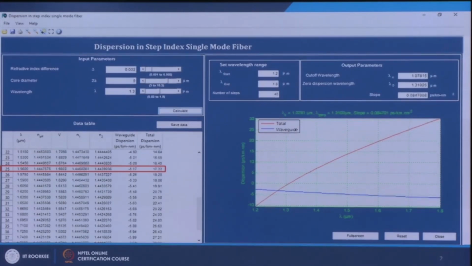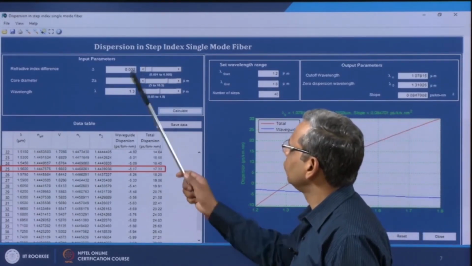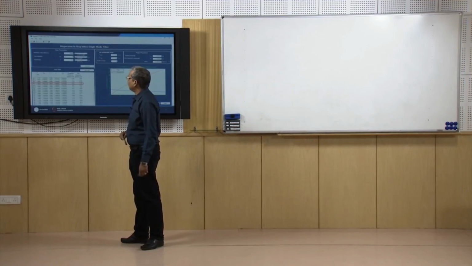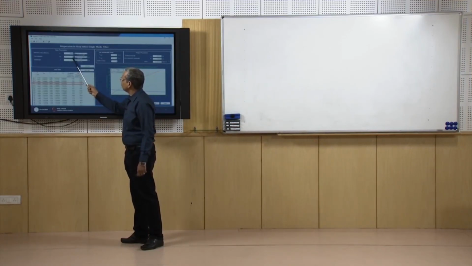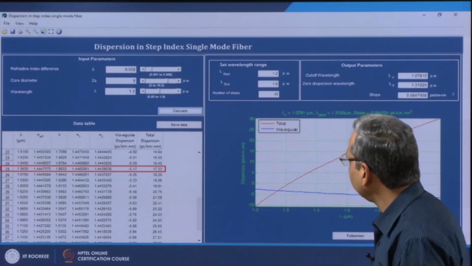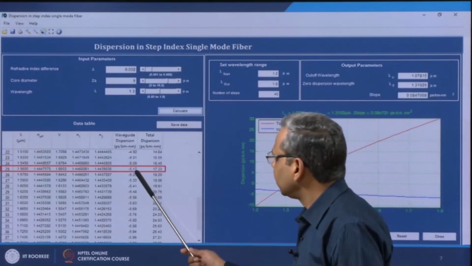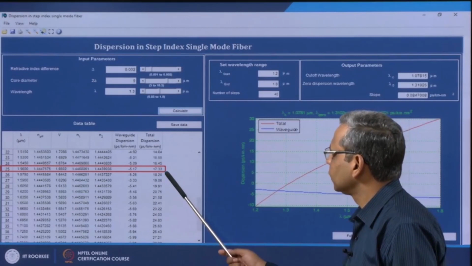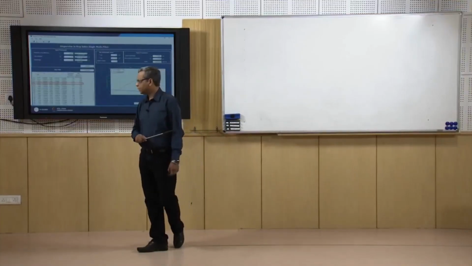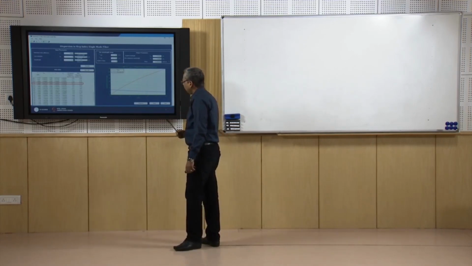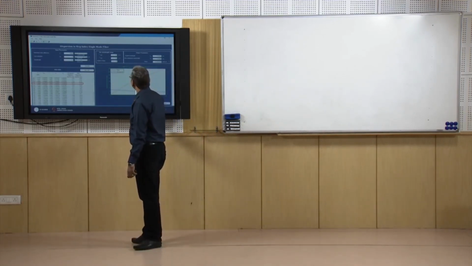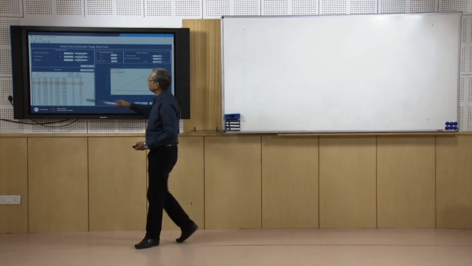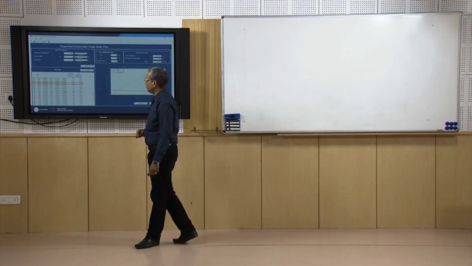If I change the fiber parameters, if I increase delta from 0.15% to 0.2% and change the core diameter from 10 to 9 micrometer, then I see that the waveguide dispersion increases to minus 5.17 and the total dispersion becomes 17.33, and the zero dispersion wavelength changes to 1.31 micrometer. So, when I change delta and A, I change the waveguide dispersion.